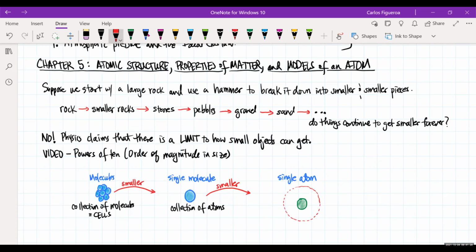I have these little electrons really whizzing along here. And I would say that, yep, that's what people say are the electrons. And this is what people say is the nucleus of the atom.